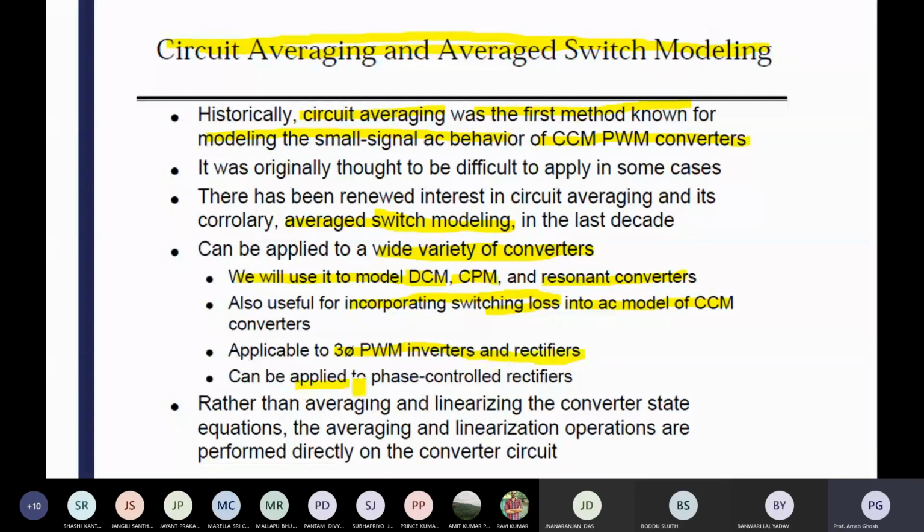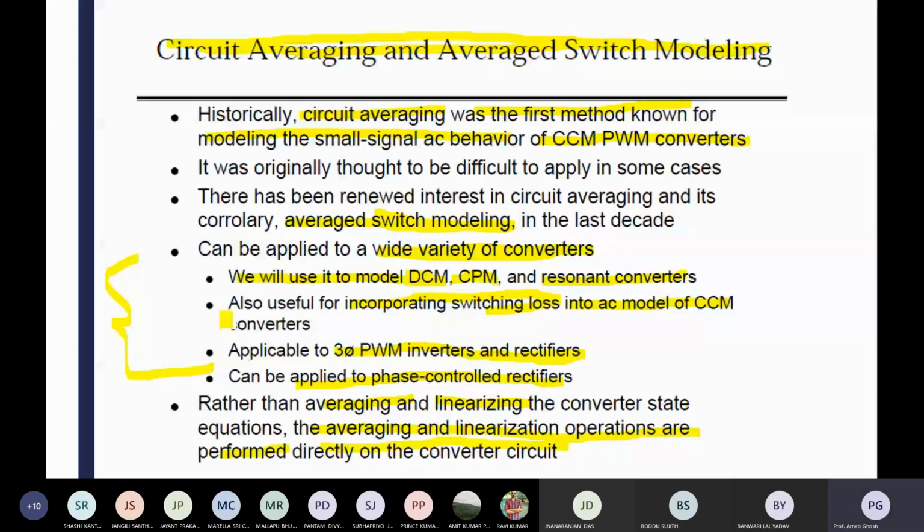So if you see the different applications, it can be applied to different types of converter configurations. Rather than averaging and linearizing the converter state equations, the averaging and linearization operations are performed directly on the converter circuit. So you apply it directly to the converter circuits.